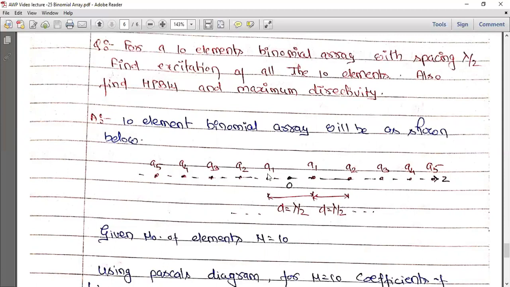Elements with excitation A2 are at z equals 3d by 2 and minus 3d by 2, and so on, up to finally A5 and A5 at positions z equals 9d by 2 and minus 9d by 2.